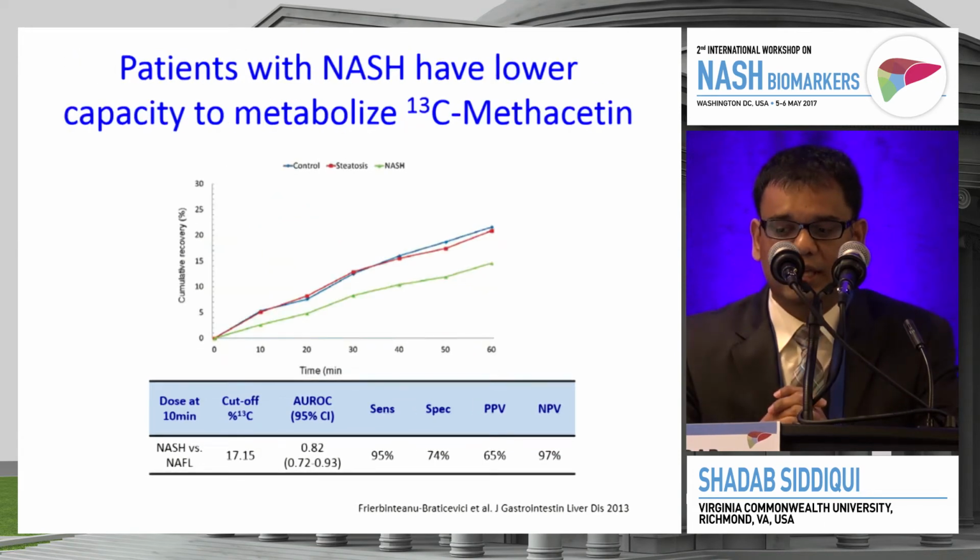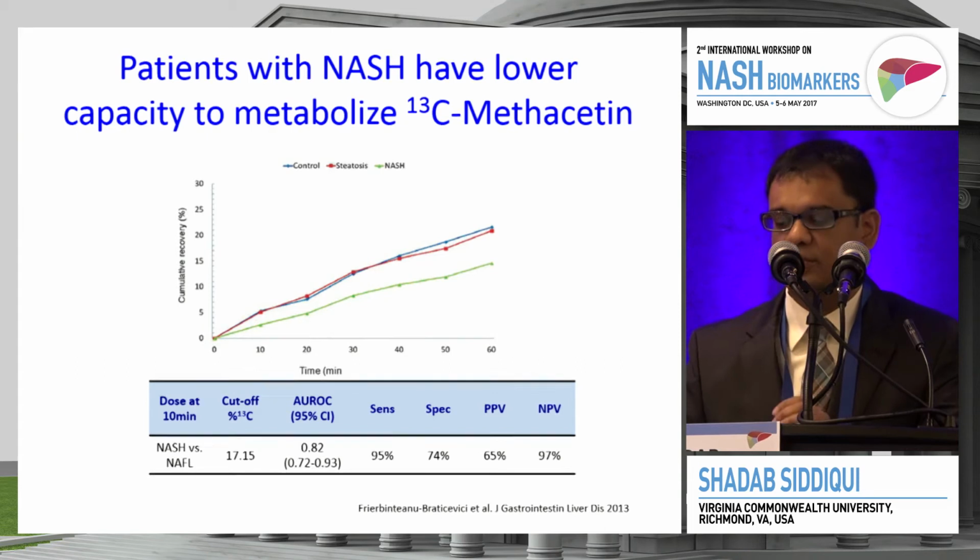Additionally, the cumulative recovery of metastatin was also significantly lower in patients with NASH when compared to patients who had fatty liver or healthy controls. It had a good area under the curve, and it had good distinguishability between the two.